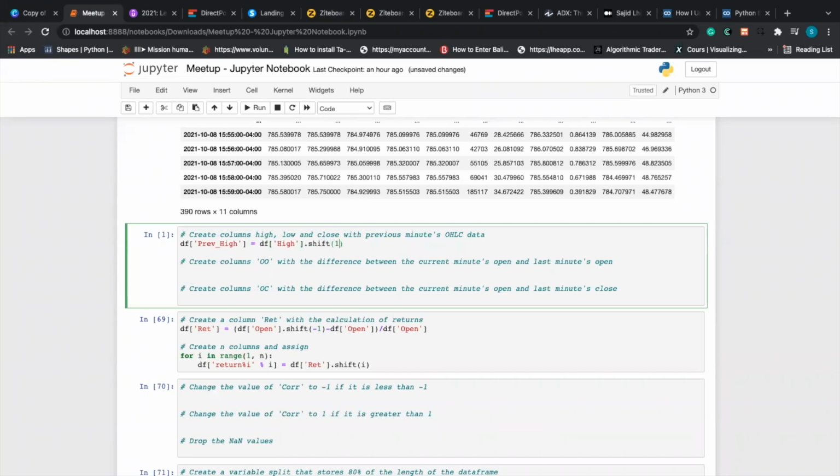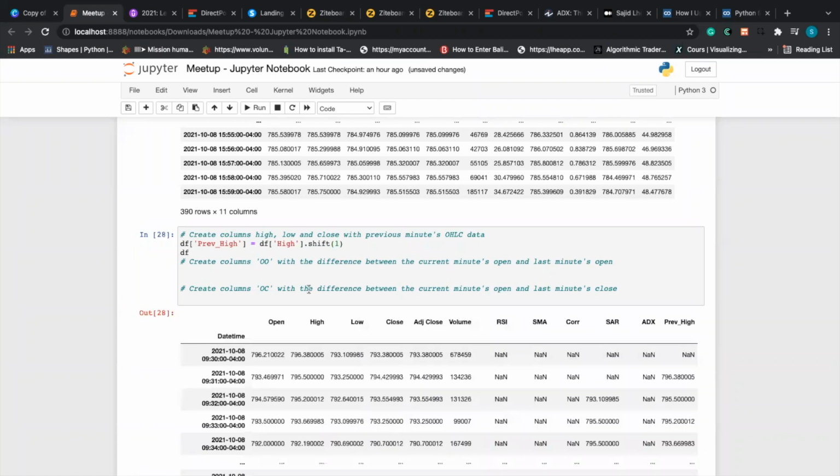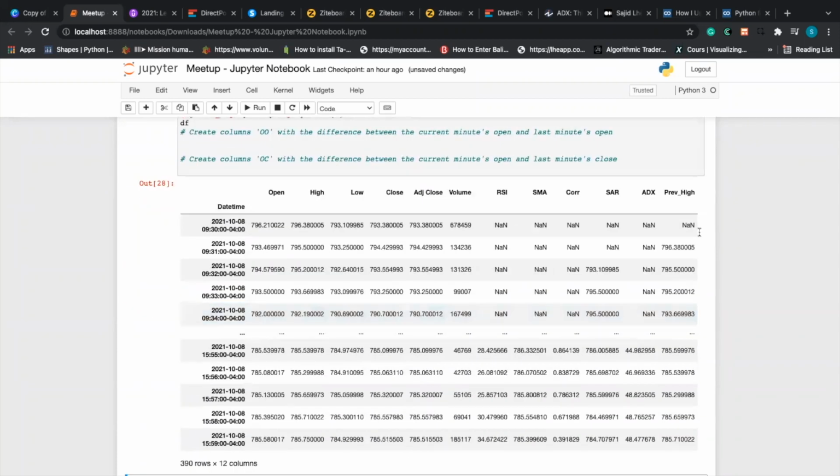If we print the data set, as you can see, we don't have any value for the first row. For instance, here the previous high was 796. This value has been shifted one row below, and that's just one way for the algorithm to sense the volatility. The algorithm is going to see the difference and be able to sense the volatility.